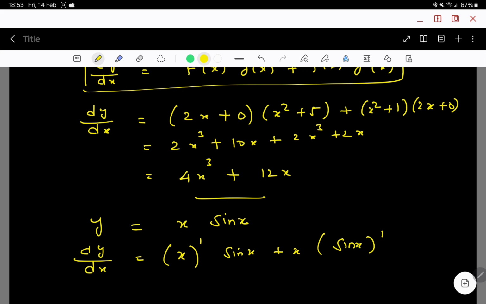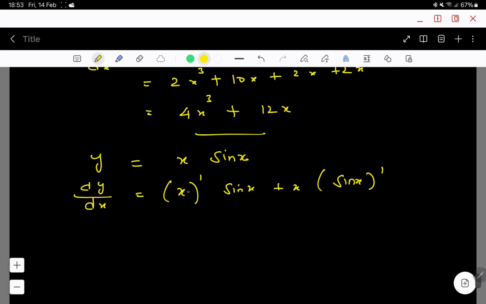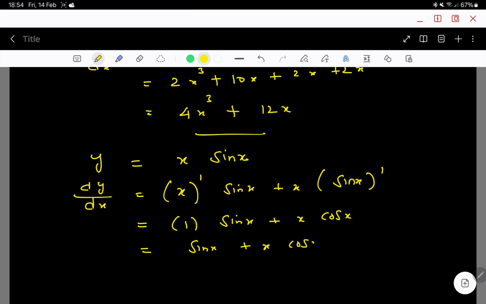Okay, next step we apply differentiations. X dash, that means we differentiate x value. Okay, differentiation of x is 1, so 1 into sin x. Dash is a notation for differentiation. Next step we differentiate, okay, x times cos x. So sin x plus x cos x.